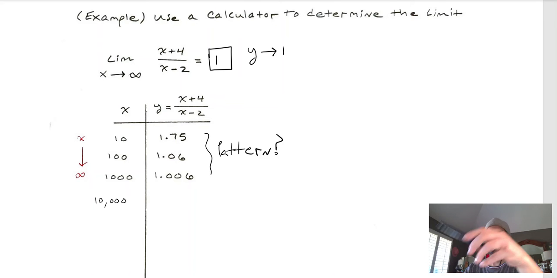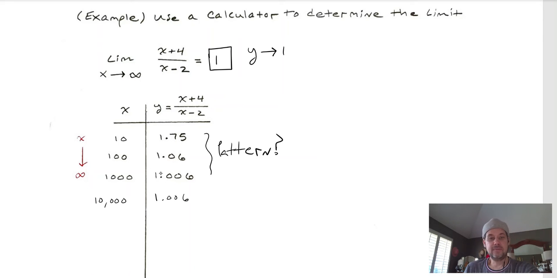All right, so I'm going to calculate that number and I'm going to write it down for you. So 10,004 divided by, and I'll get 1.0006. Okay, so there we go, 1.0006. So that is even closer to 1 than this number or this number or this number, okay?